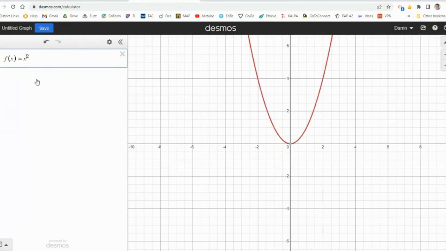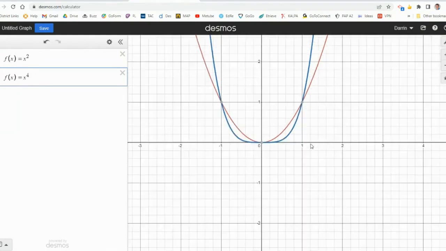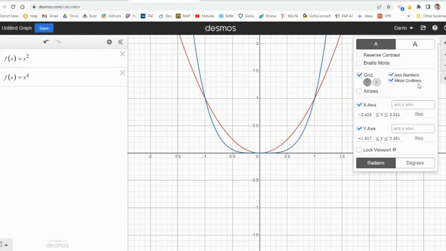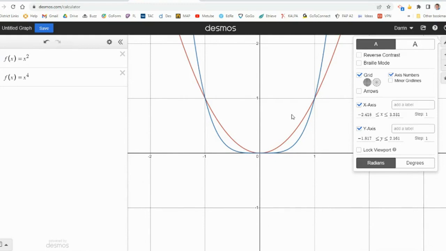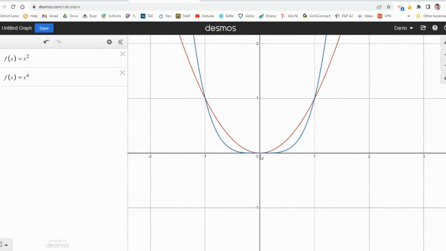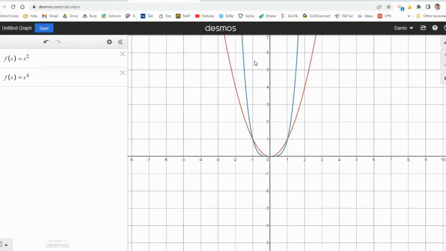There's x squared. Compare that to x to the fourth. X to the fourth is flatter down here at the bottom. See the blue, and let me zoom in here to get a good look at it. I'm going to take out all these extra lines. So it's flatter than the normal parabola and goes up faster.